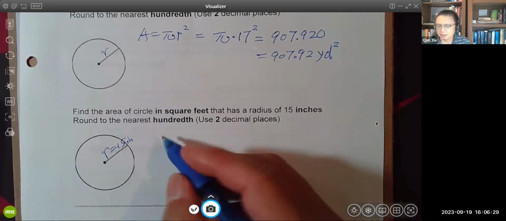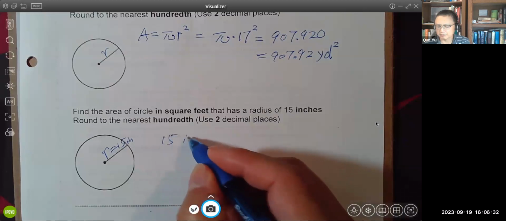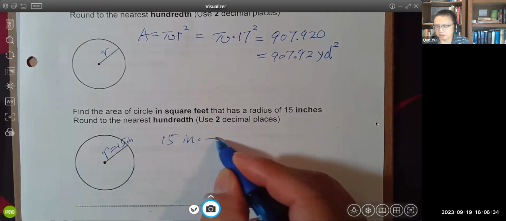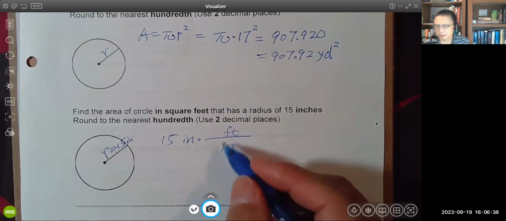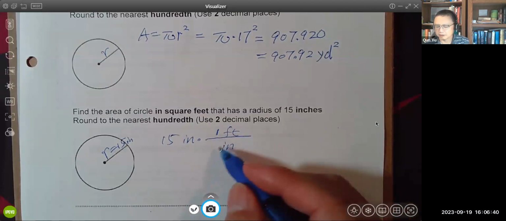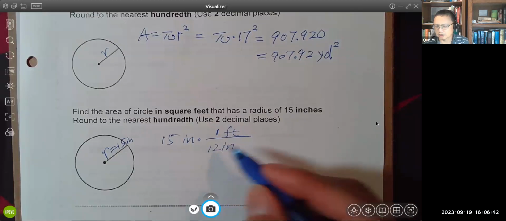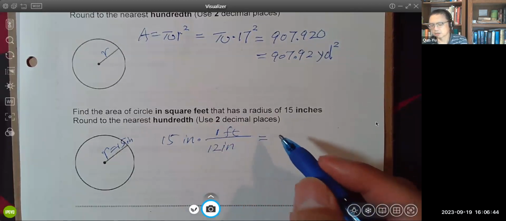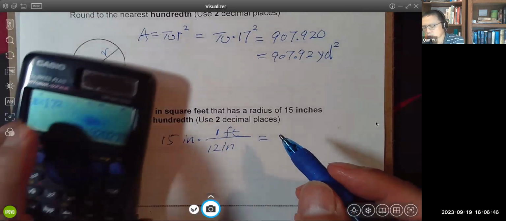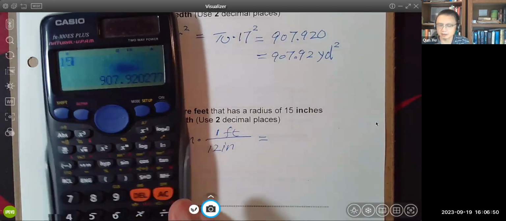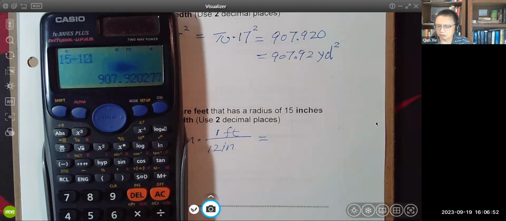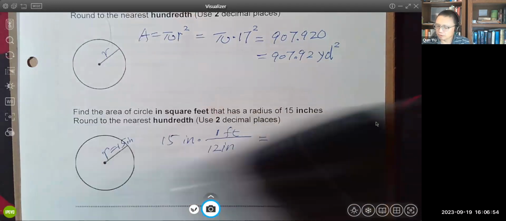So let's do that. 15 inches, we all learned how to do unit conversion. We need to cancel inches and get feet, and the relation is 1 foot equals 12 inches. So basically, we need to use 15 divided by 12, which is 1.25. Let's try that, make sure it's right. 15 divided by 12, yes, 1.25.